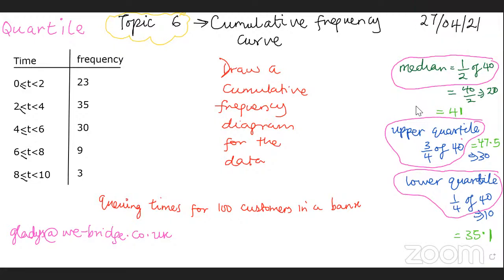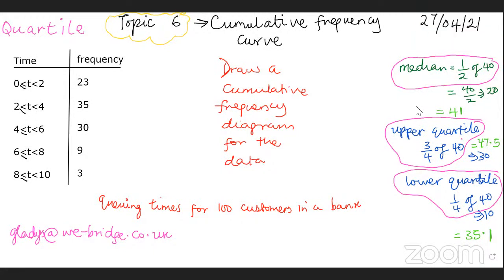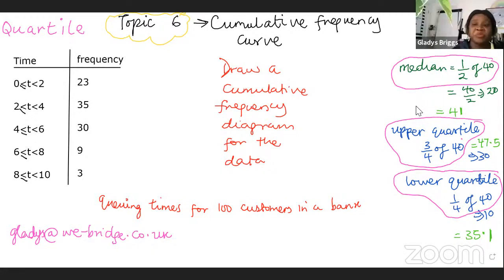Teacher, now how can I get these numbers like 41 and 47.5? What is your total? What is the total cumulative frequency? 100. So the middle one, the median will be half of 100.